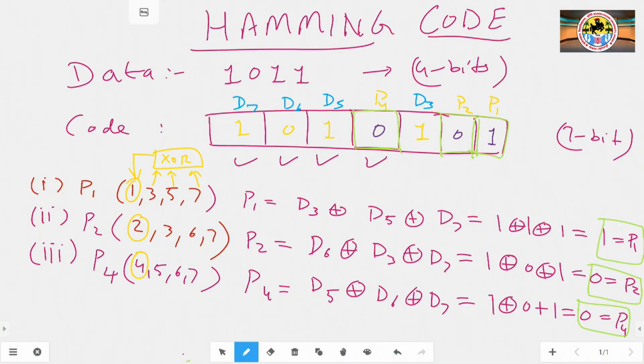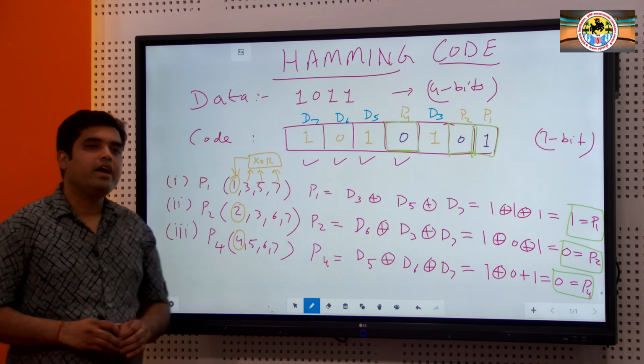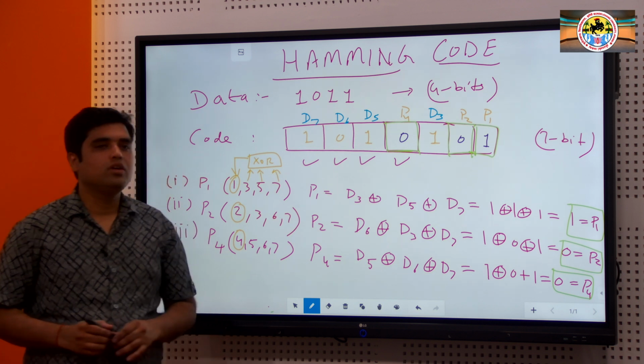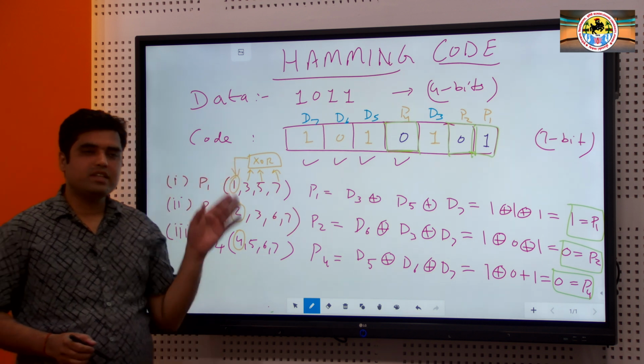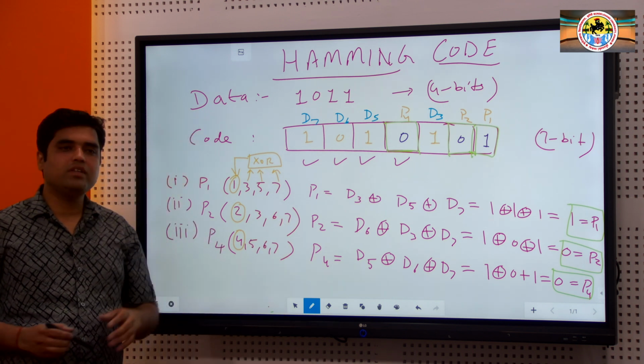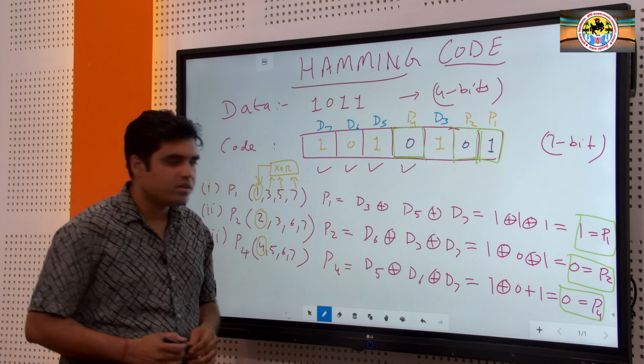Now, let us check whether, if we send this data to the receiver, it is possible to find the error and correct the error. For this purpose we take this example and we insert an error, and we will see whether it can detect an error.